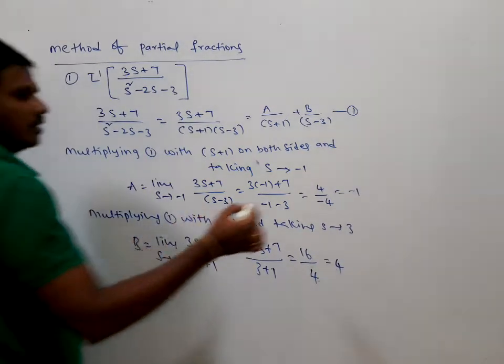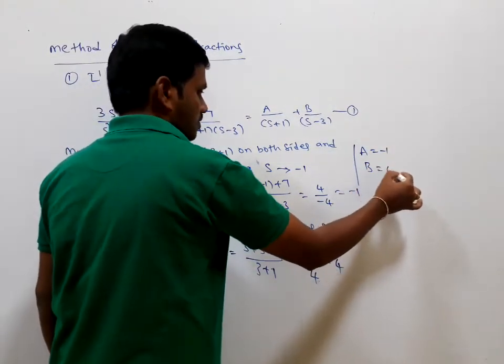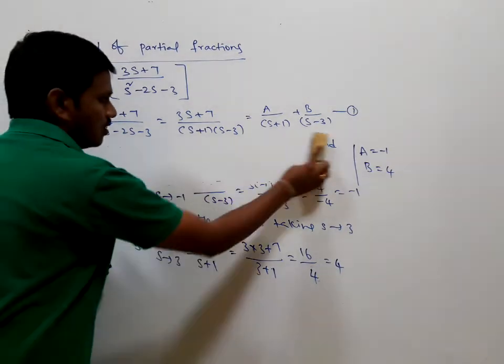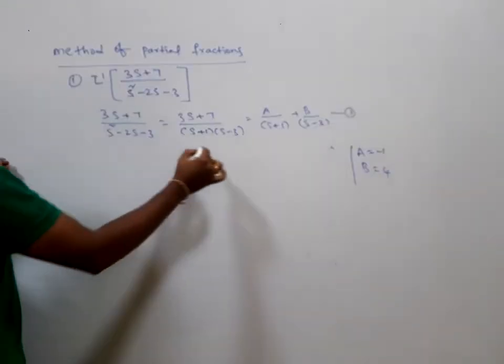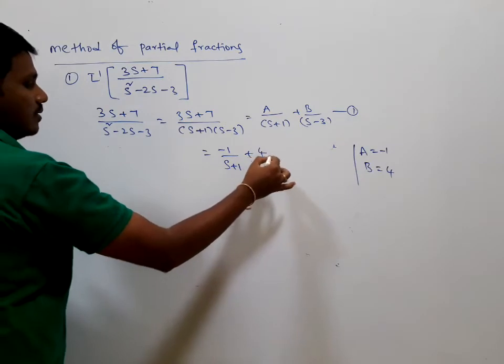Therefore A is equal to minus 1, B is equal to 4, and substituting these, it becomes minus 1 divided by (s plus 1) plus 4 divided by (s minus 3).